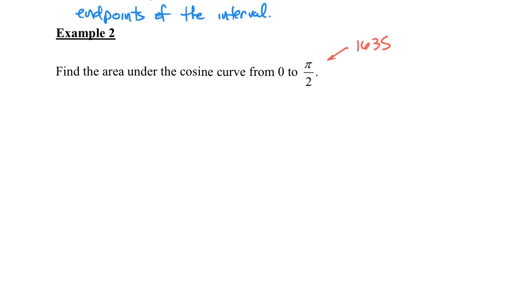So to find it, you had to use the limits of Riemann sums, and there were a lot of obscure trig identities required, and you really had to be an extremely skilled mathematician to figure this out. And now we're going to be able to figure this out in probably 2 minutes or less because we have the Fundamental Theorem of Calculus. So basically, here's the question.